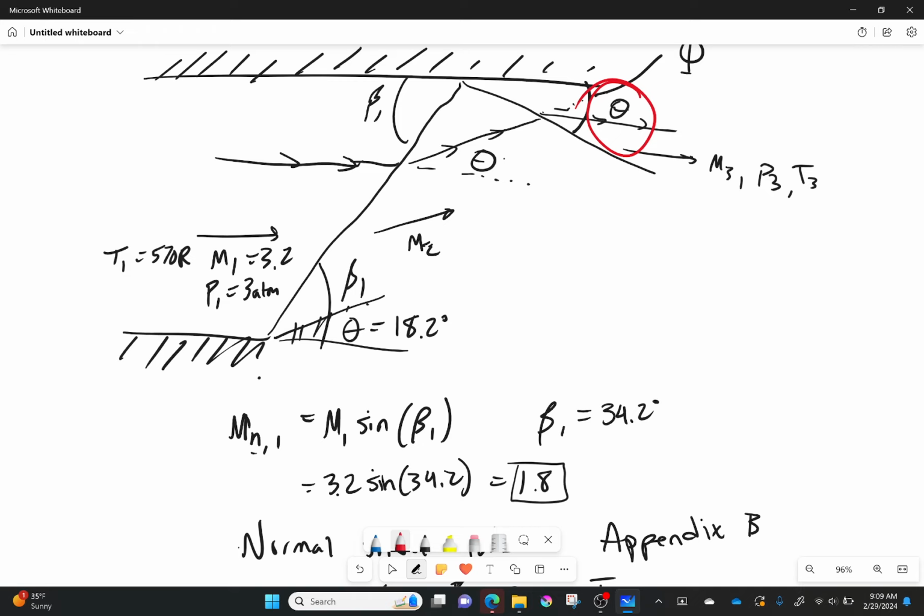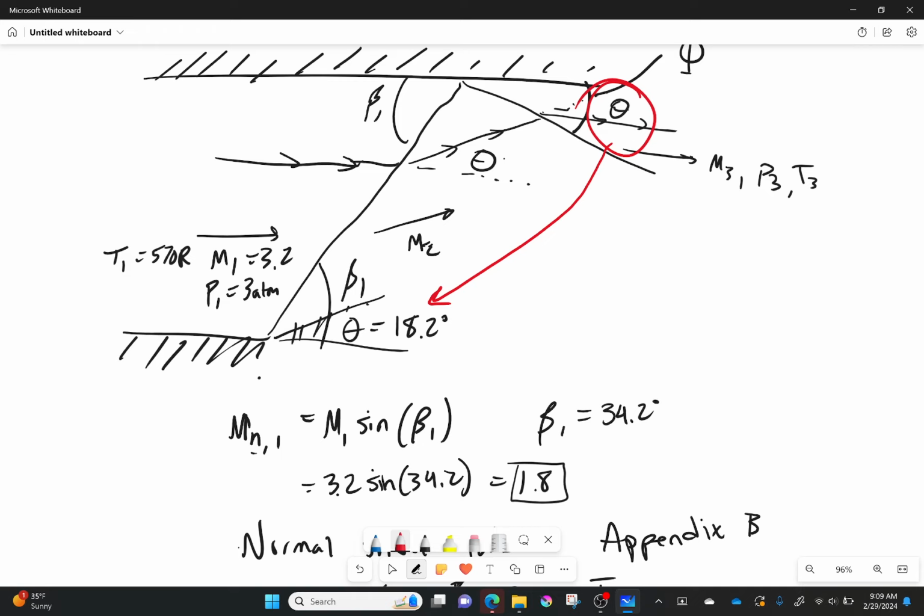That's how we figure out what theta is going to be. Theta is going to be equal to my original deflection angle, because I have deflected it 18.2 degrees upward, and now I have to deflect it 18.2 degrees downward.